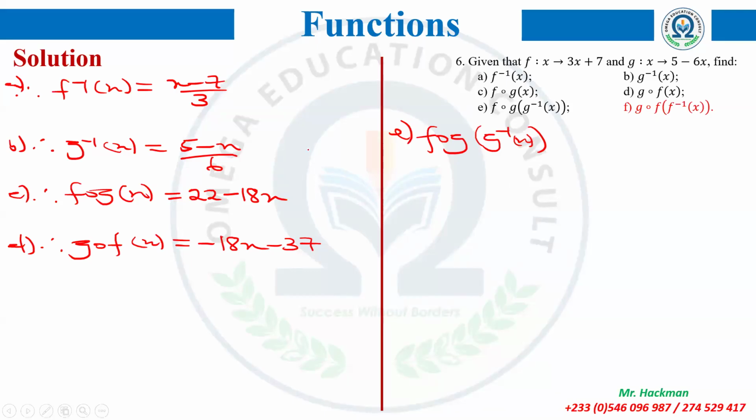So in this case, I'm going to write this. Assuming this is your presentation, you write it, then you go and extract. Your F of G of X, you found it: 22 minus 18x. And you need G inverse of X too.